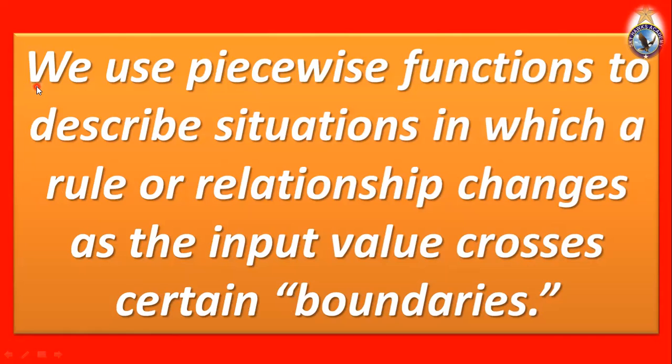We use a piecewise function to describe situations in which a rule or relationship changes as the input value crosses certain boundaries. It's a very good explanation. For easy understanding, we can say that we use piecewise functions to describe situations in which the rule or relationship changes all of a sudden as the input value crosses certain boundaries. So the restrictions are there. When you cross this limit, this domain, you will get this output.